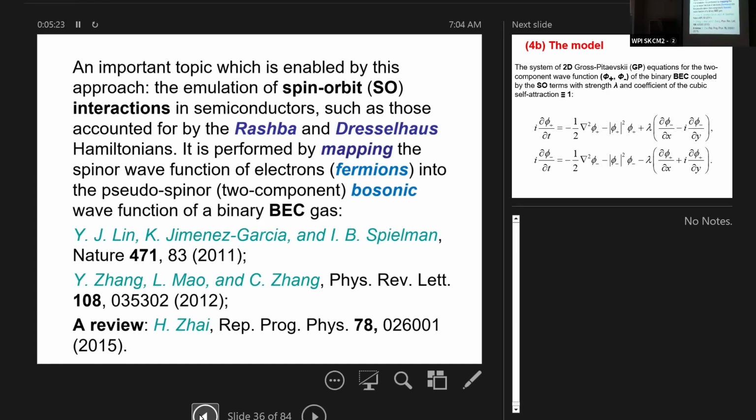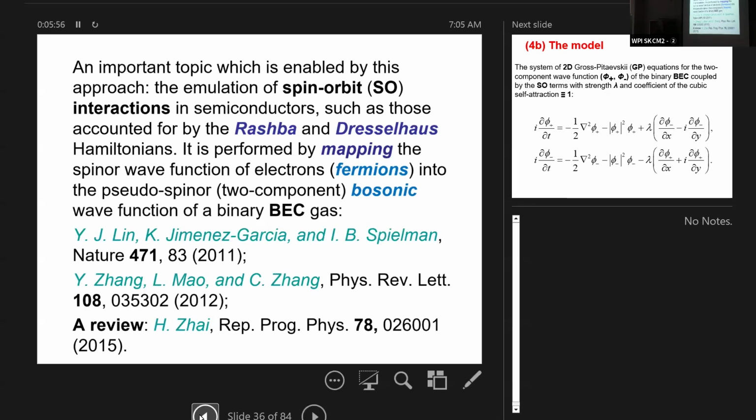And then one can apply a specifically designed laser illumination field to this binary condensate. And after some analysis, one can demonstrate that, although physically speaking, it's a completely different situation from anything like the spin-orbit coupling in semiconductors, nevertheless, the effective Hamiltonian in this system will be essentially the same as the fundamental Hamiltonian which accounts for the spin-orbit coupling in semiconductor physics.